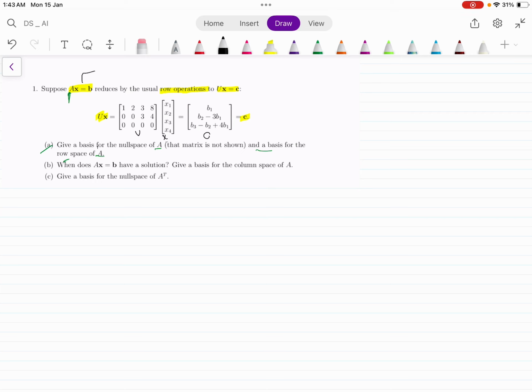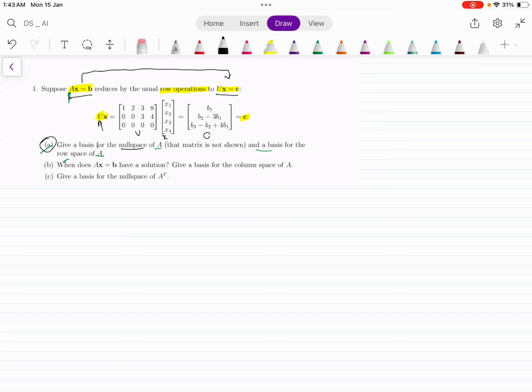Since you are doing row operations and converting your system of equations from Ax = b to Ux = c, what will be the effect on the four fundamental subspaces?